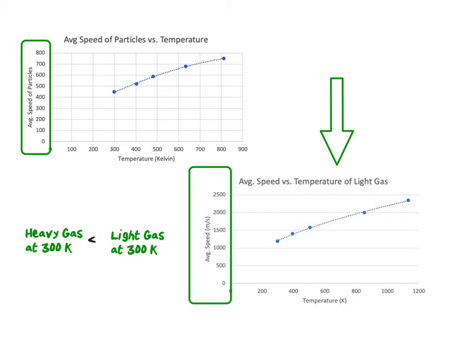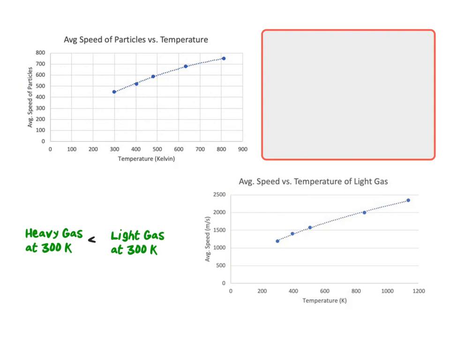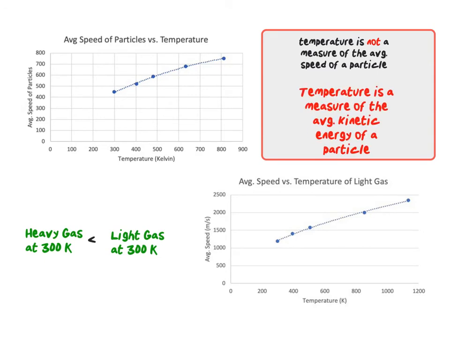So what this leads me to believe is that temperature is not really a measure of the average speed of the particles, but more so a measure of the average kinetic energy of the particles. This is very apparent because I can measure the same temperature but two different speeds if I have gases that have two different masses. And that's pretty interesting, and I think fairly significant as I look at this.